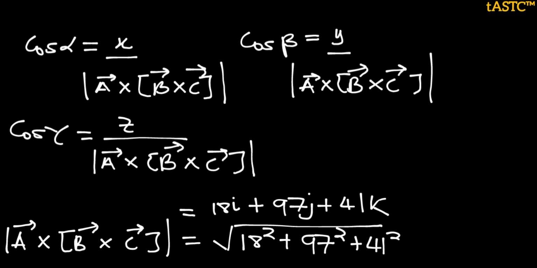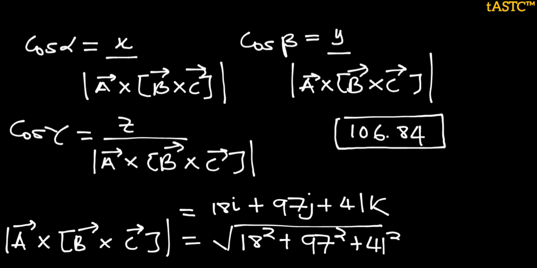Let's find that. 18 squared plus 97 squared plus 41 squared is going to give us 106.84. That will be the absolute form.